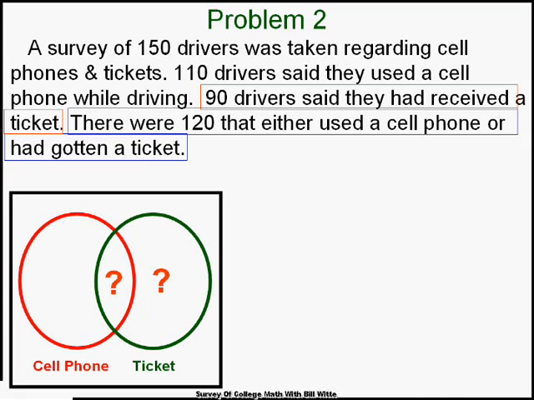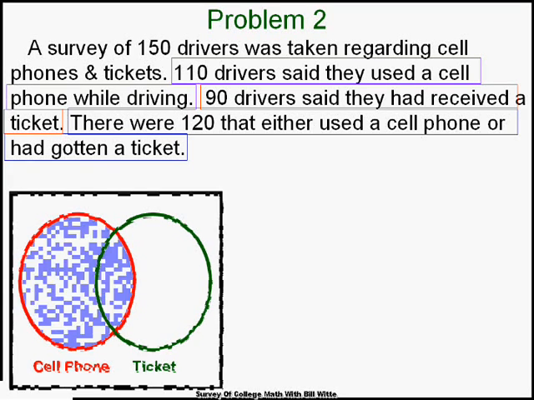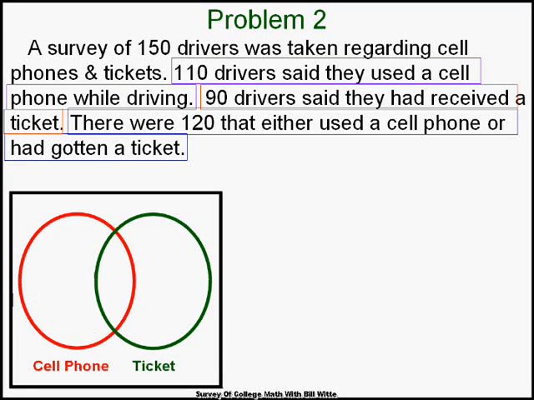How to break it up. That's going to be tough. If I had that middle number, I'd know how to break it up. You see why I always want to have the middle number. They told me 110 drivers used a cell phone. That's this portion. But here again, I don't know how to break up the 110. Okay? I need that intersection.